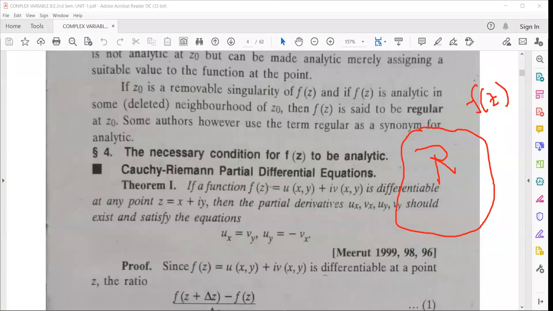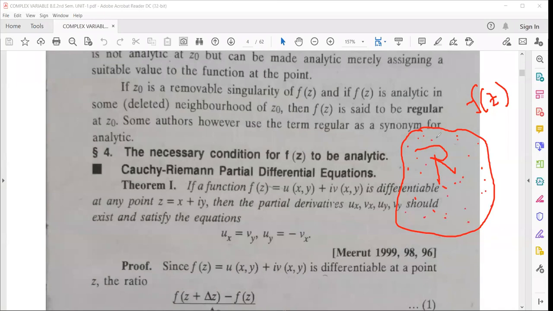So if I check the condition for analyticity, whether f(z) is analytic in this region or not, what was the condition? The derivative of the function must exist at each and every point in the region R. There are infinite number of points here.